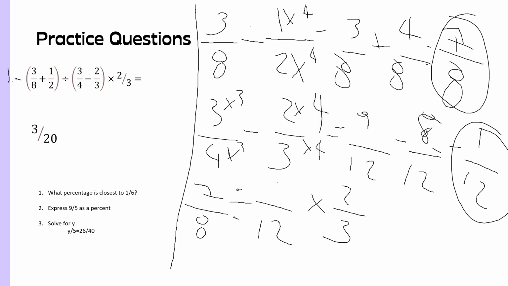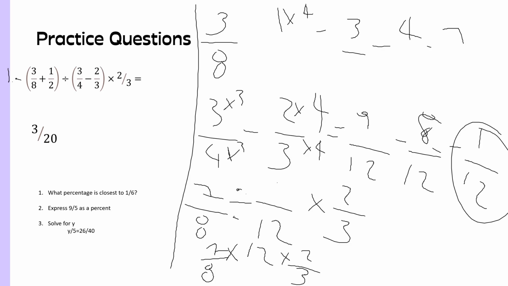What we're going to do is flip, keep, change, flip. So 7 over 8 times 12 times 2 over 3, right? Now let's get some space.